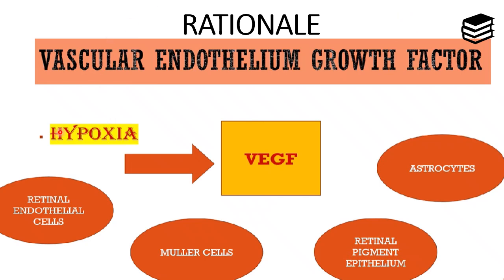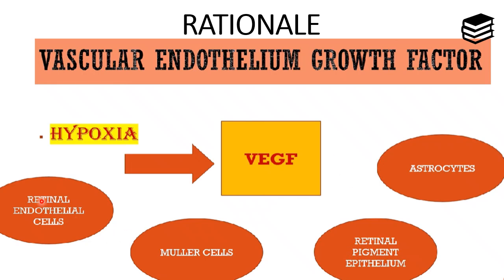Whenever there is hypoxia, we saw how hypoxia happens, right? In diabetic retinopathy, go back to the pathogenesis. Hypoxia induces the production of VEGF. The production of VEGF is in turn done by retinal endothelial cells, Muller cells, which are the retinal glial cells, retinal pigmentary epithelium, and astrocytes, which are again the retinal glial cells.